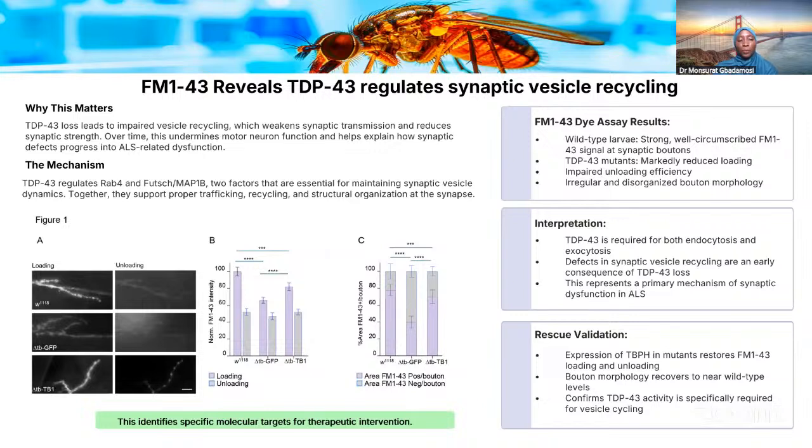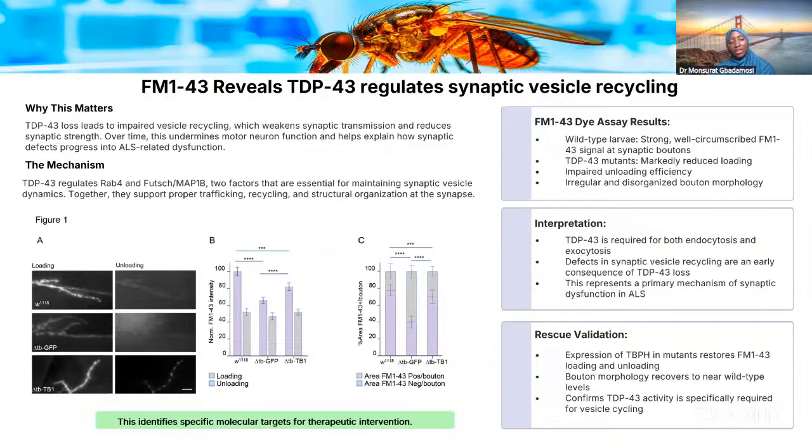So now that we know that the mutants have problems with loading and unloading, endocytosis and exocytosis, what we did was to express TDP43. Remember, they don't have TDP43.